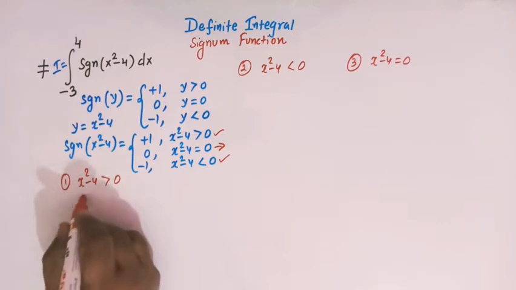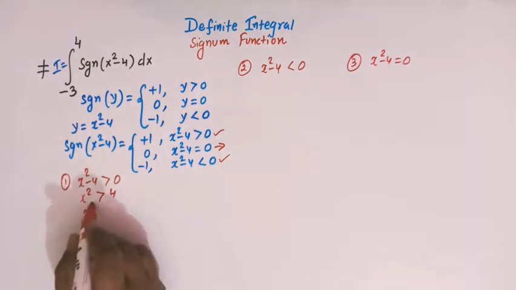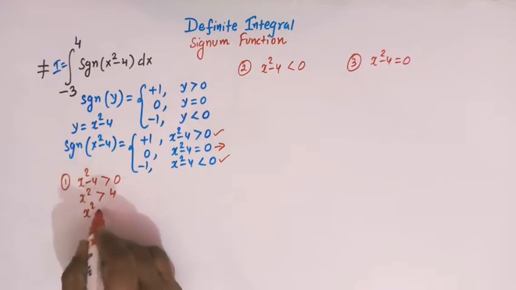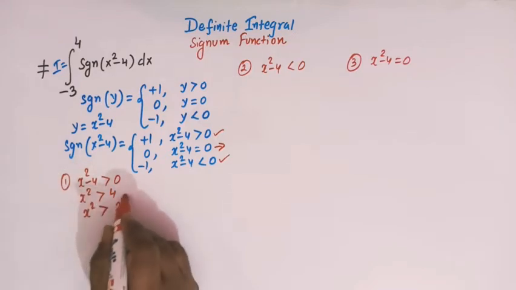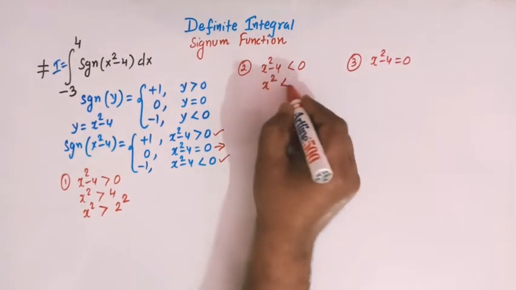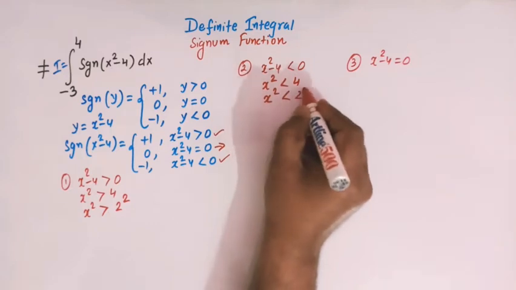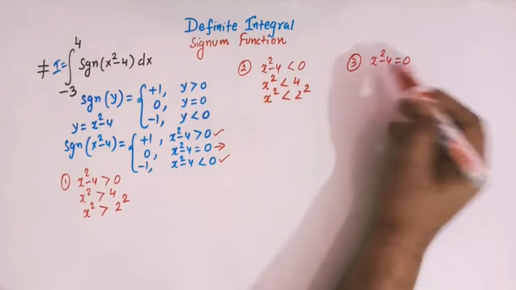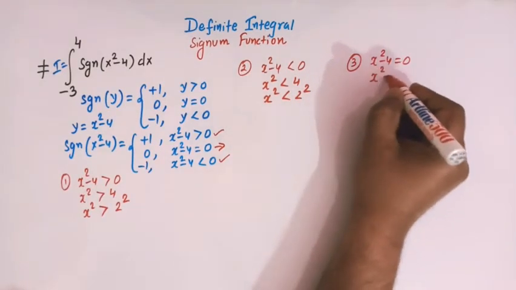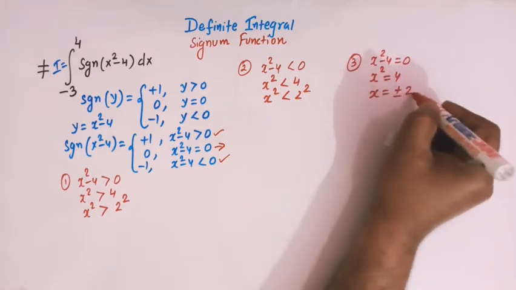We can write it as x square greater than 4, so x square greater than 2 square, and x square less than 4, so x square less than 2 square. And x square is equal to 4 gives x is equal to plus minus 2.